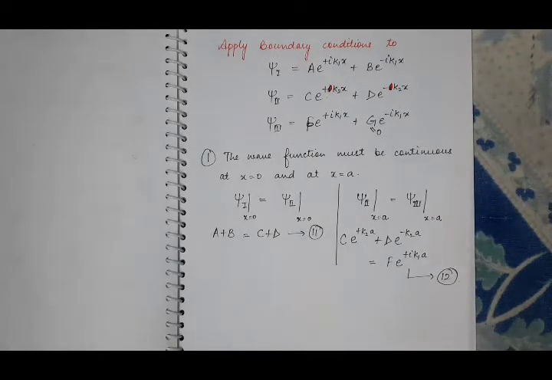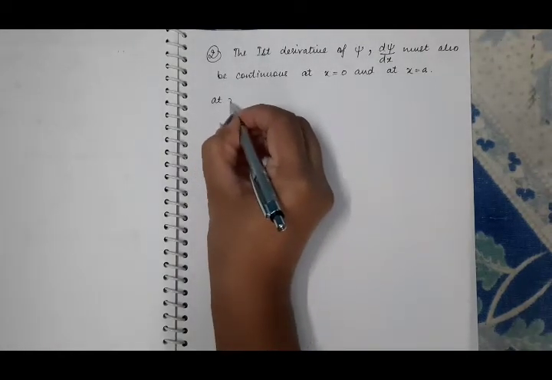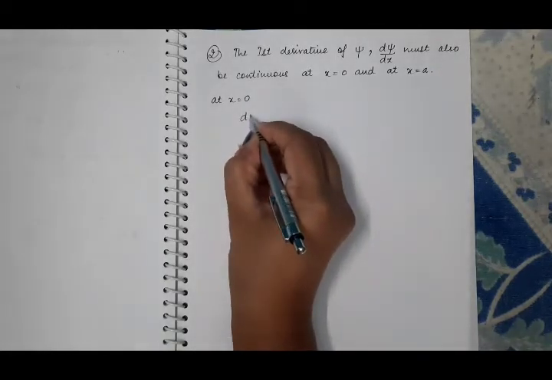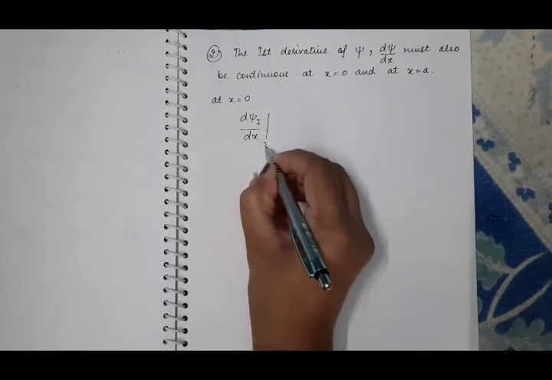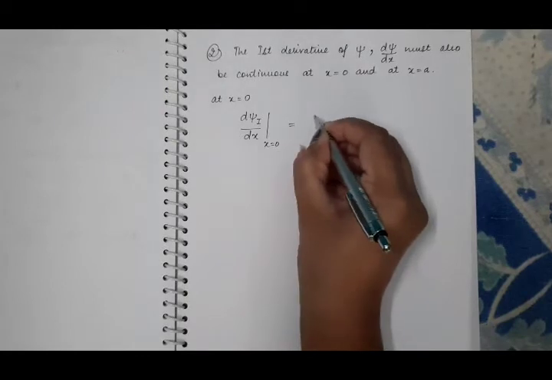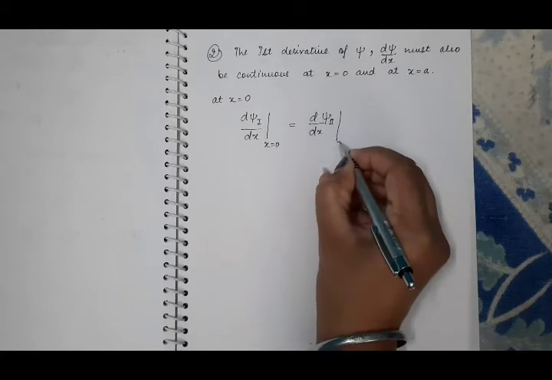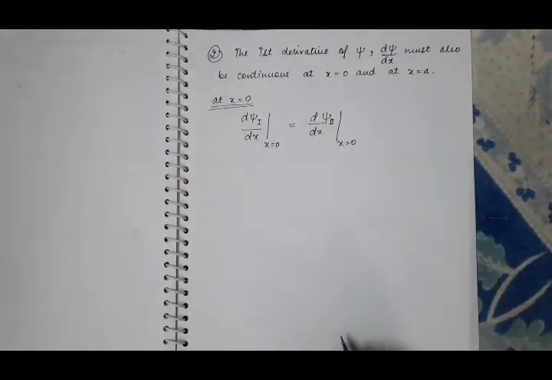So now we will apply the second boundary condition. According to the second boundary condition, at x is equal to 0, the derivative of the wave function in region 1, d psi1 by dx, will be equal to the derivative of the wave function in region 2 at x is equal to 0. So solve this. What is the derivative of psi1?